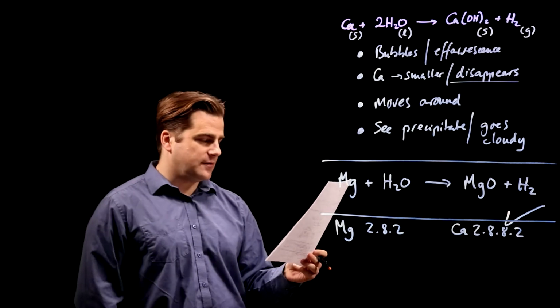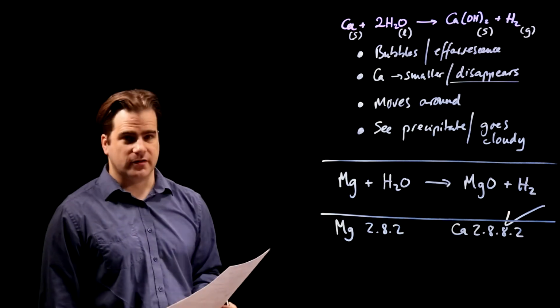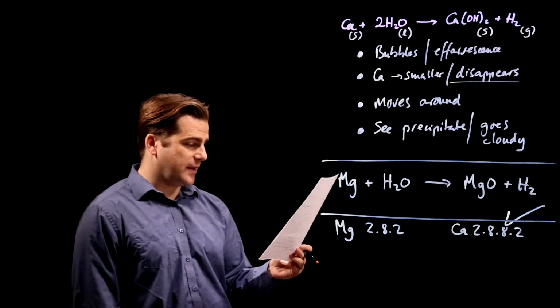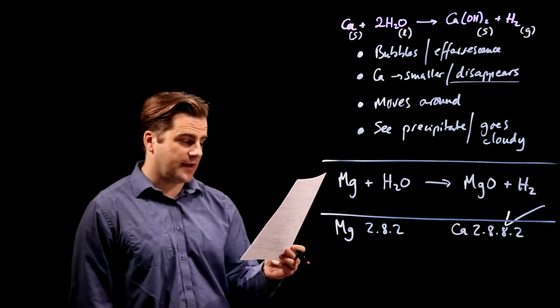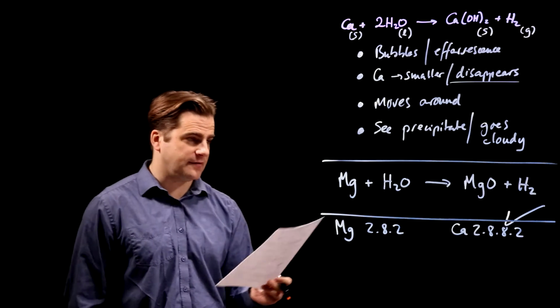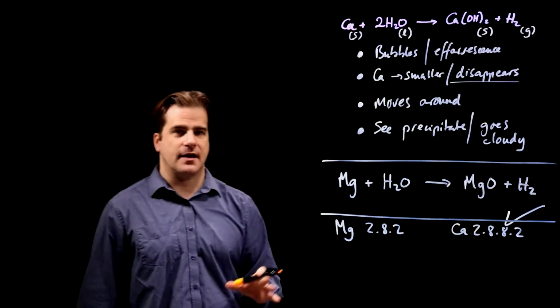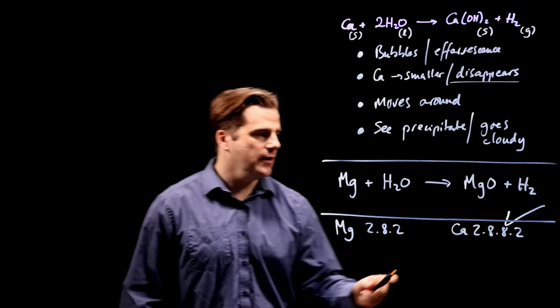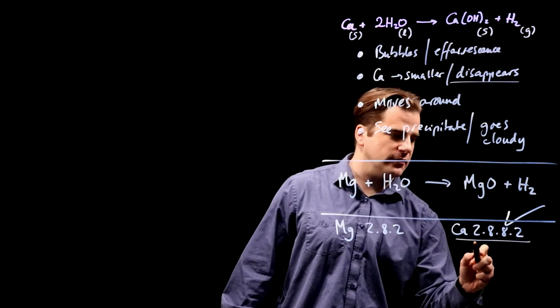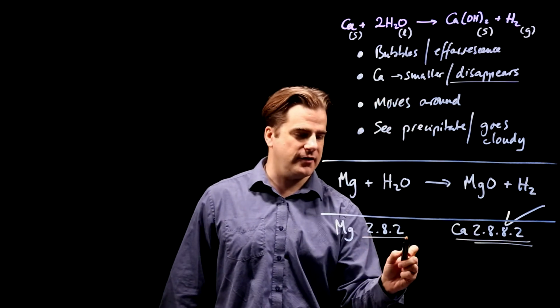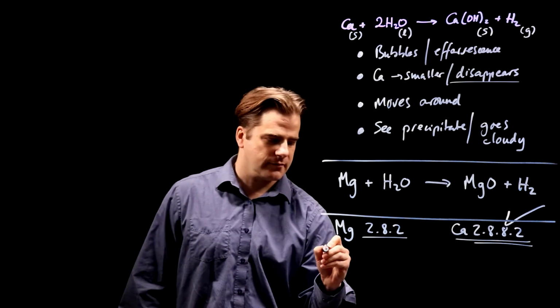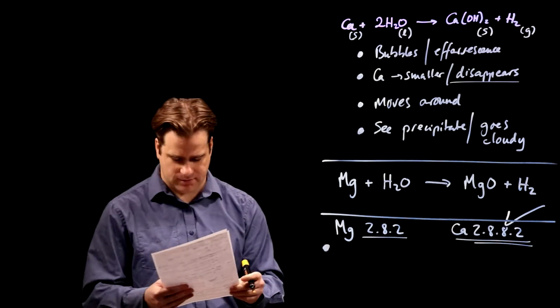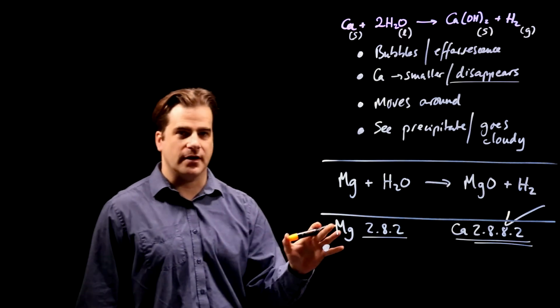When magnesium and calcium react with water, they form positive ions. Suggest an explanation in terms of their electronic configurations why calcium is more reactive than magnesium. Standard exam question. This one with the 2,8,8,2 is more reactive than this one with the 2,8,2. Why? I think this is a 2-mark question, but I'll just say everything you need to know.